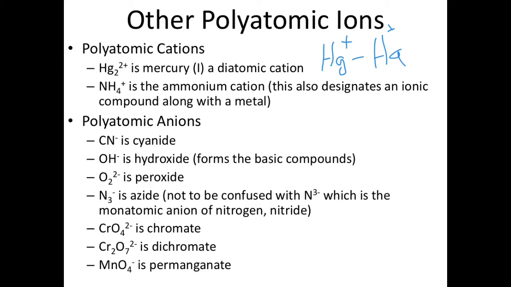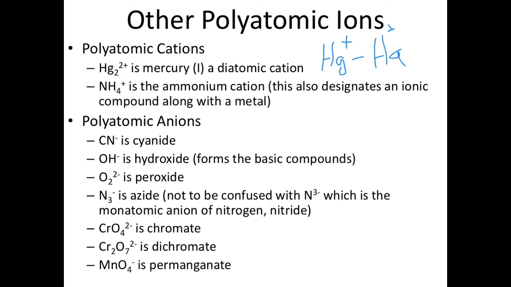There are several polyatomic anions that end in -ide, like our monatomic ones. First one is CN-, cyanide. Then OH- is hydroxide. This is the basis for our basic compounds.